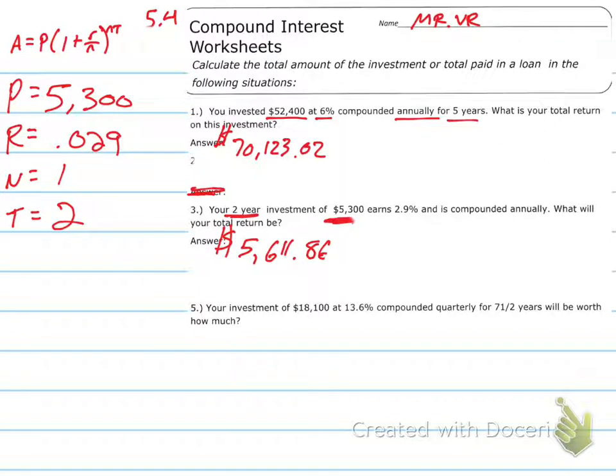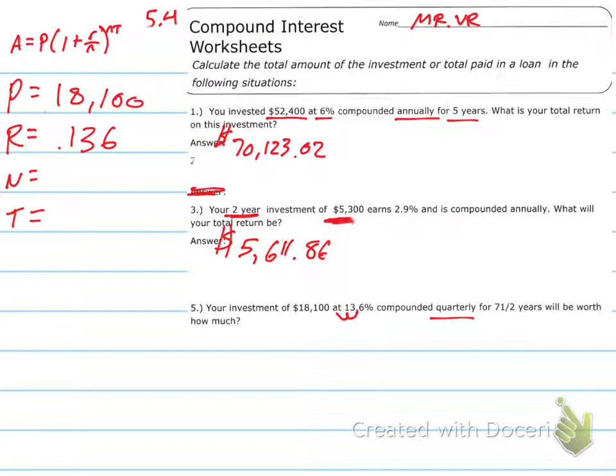All right, number 5. Let me just erase this here. I would highly recommend that you get your variables first, like I'm doing on the left-hand side, so that you know exactly what to plug in. Your investment of $18,100 at 13.6%, so we're going to move that decimal over, it's going to be 0.136, is compounded quarterly.